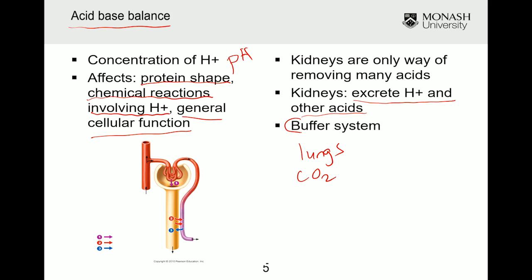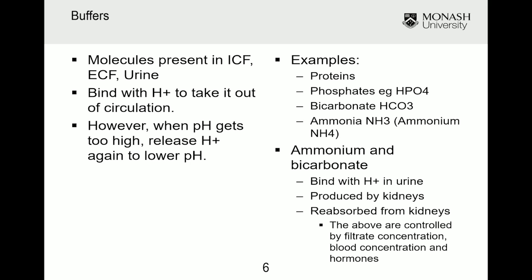However, there is also a buffer system. What is a buffer system? Let's have a look. Buffers are molecules that are present in the intracellular fluid, extracellular fluid and the urine, and what they actually do is bind with hydrogen ions to take them out of circulation. So they undergo a chemical reaction and form a new molecule or ion that doesn't allow the hydrogen to have such an impact.